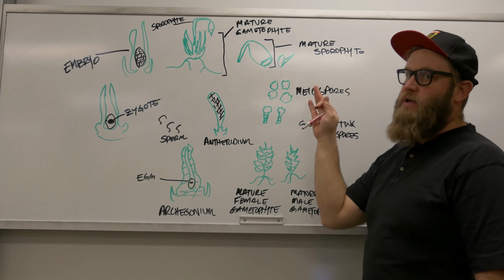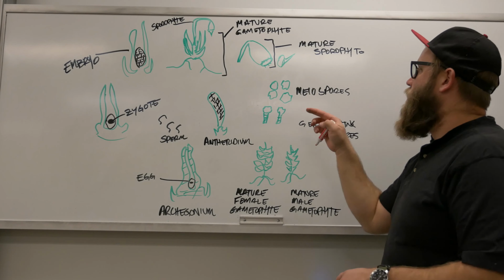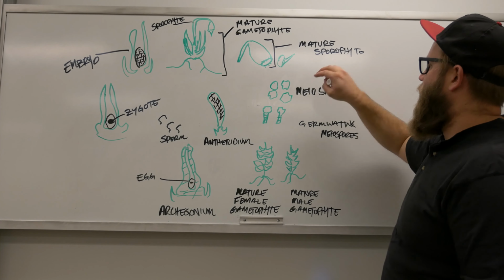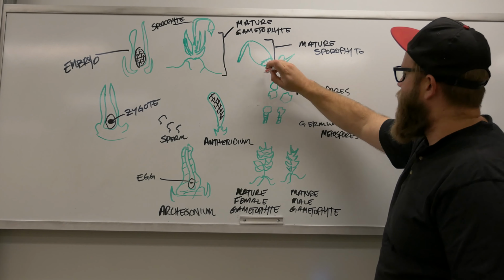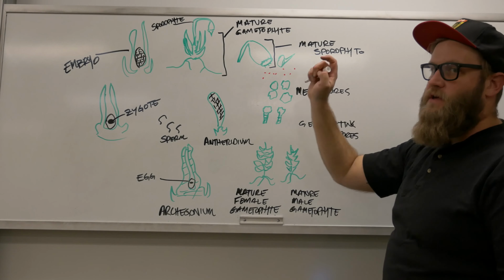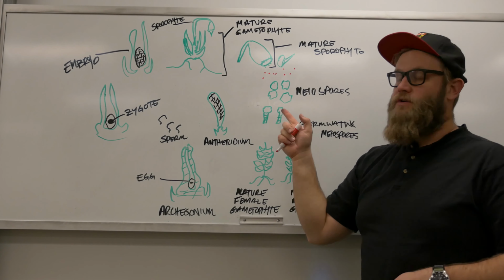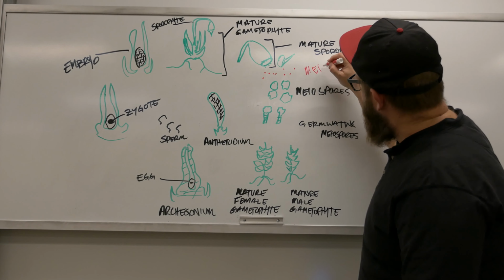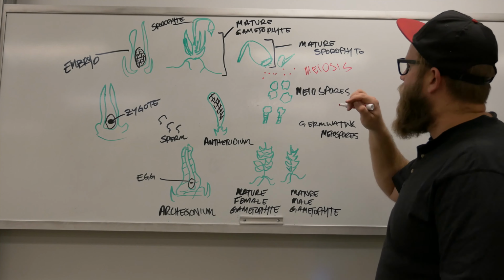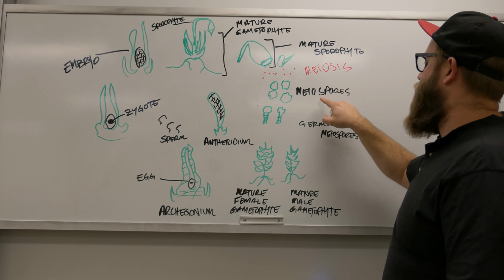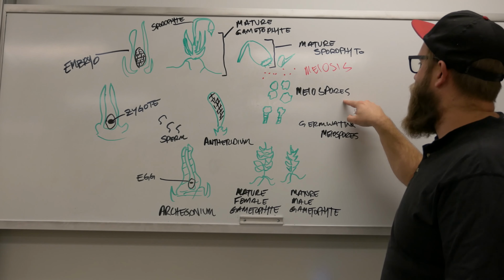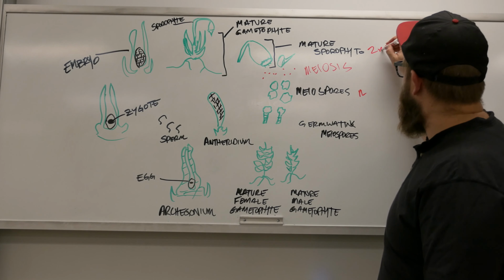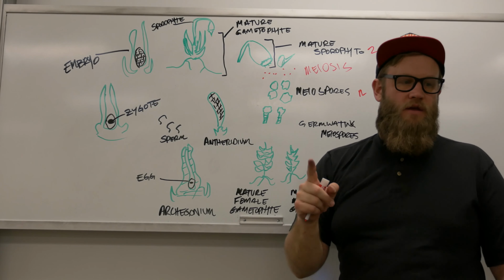And if we zoom in on this sporophyte, okay, we've got this mature sporophyte, and it's actually going to be releasing these meiospores, okay? And it's actually here where we put meiosis. And so then we've got these meiospores. So this sporophyte is 2N.